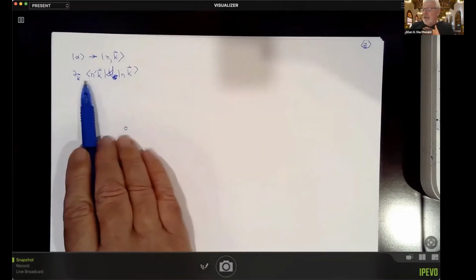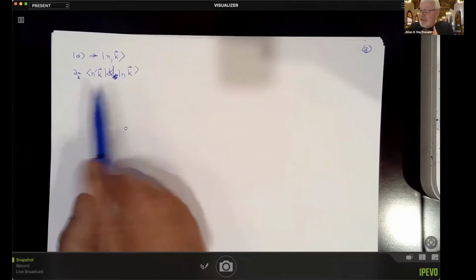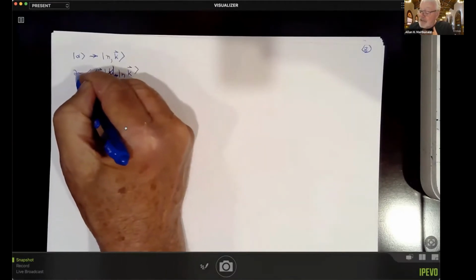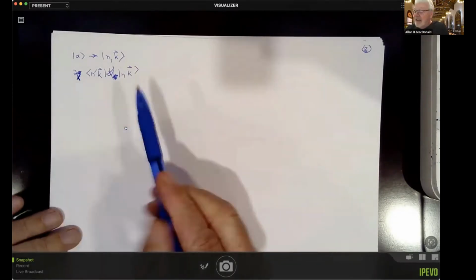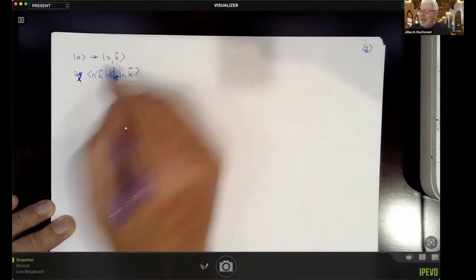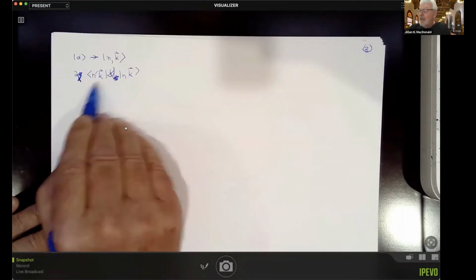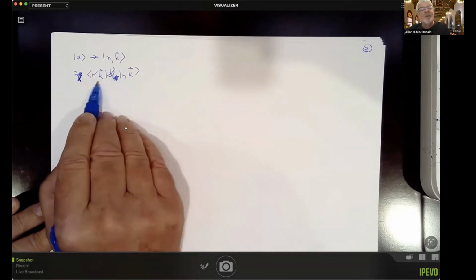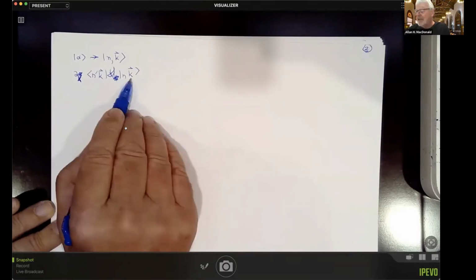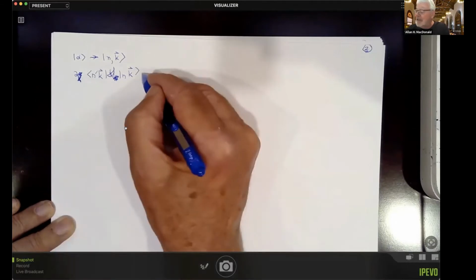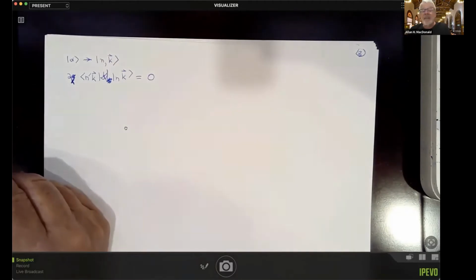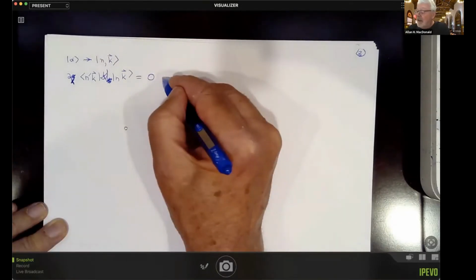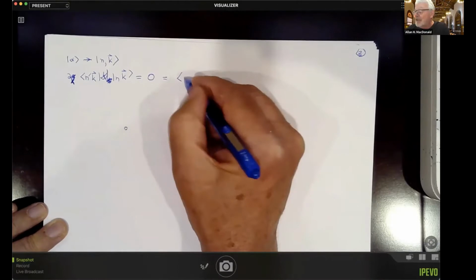So we take the derivative with respect to some component of wave vector. Let me just say the x component of wave vector to be definite. And obviously, this matrix element of the Hamiltonian between different bands is identically zero at every wave vector. So its derivative with respect to wave vector is also zero. But we can express it in terms of the derivative with respect to the wave functions.